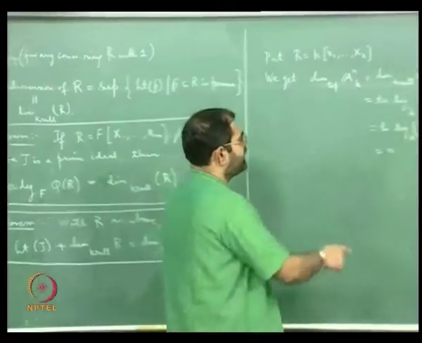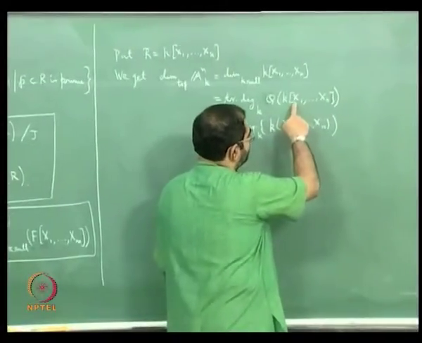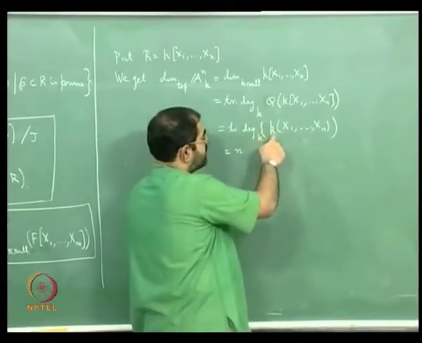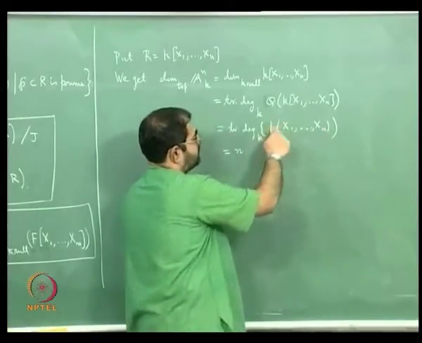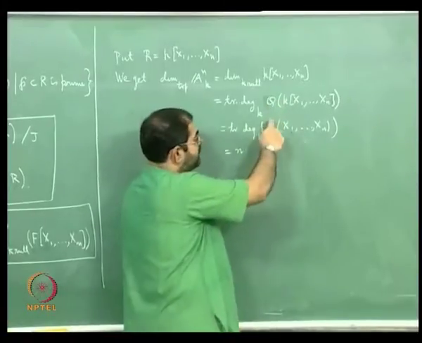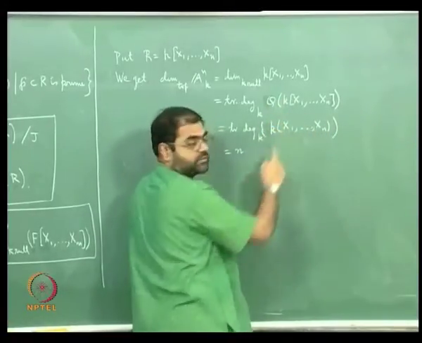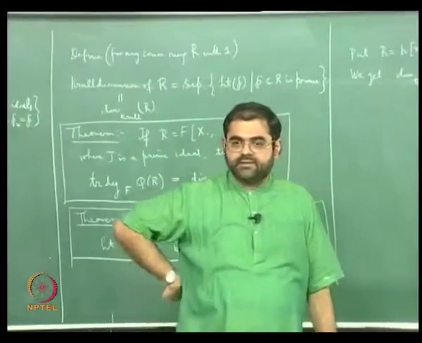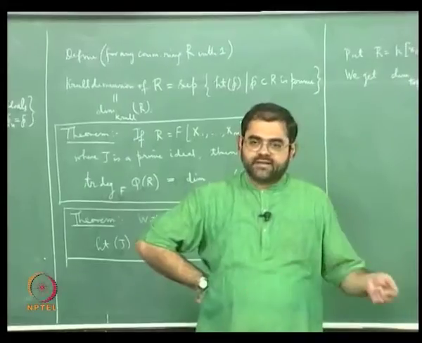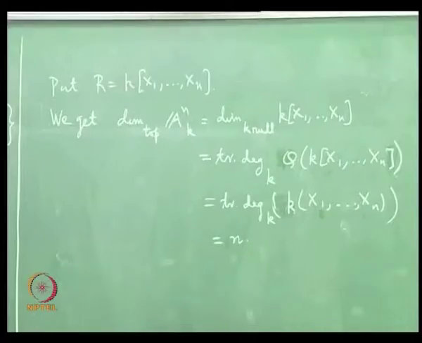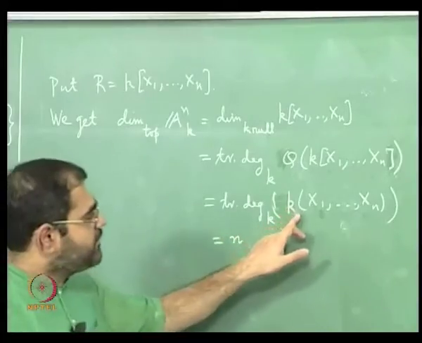If you look at x1 through xn, they are elements of this ring, and this ring sits inside its quotient field, so they are also elements of this quotient field. You can think of each xi as xi divided by 1, just as you think of an integer as a rational number given by the integer divided by 1.